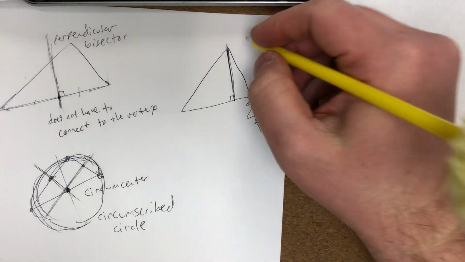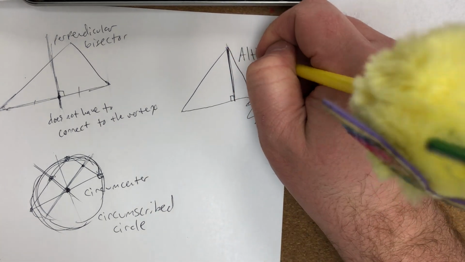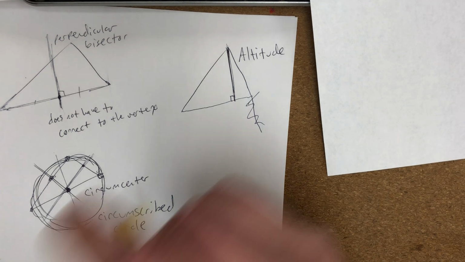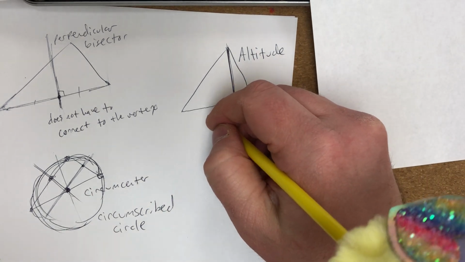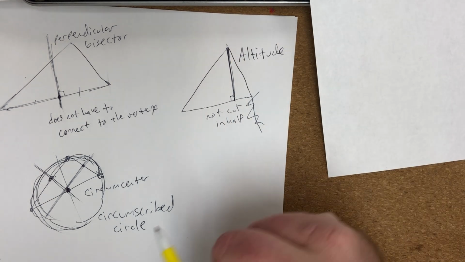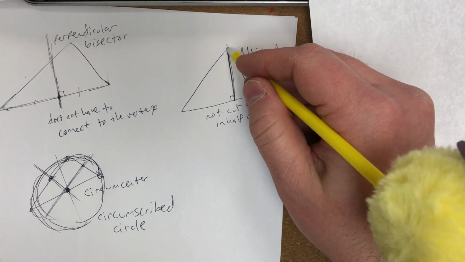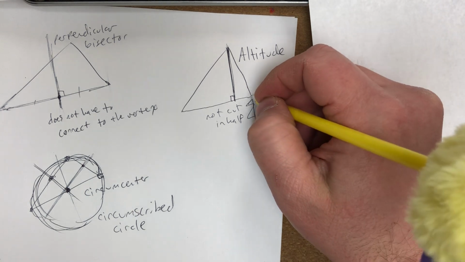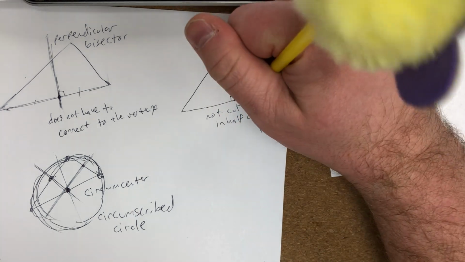So that's an altitude. It does not have to cut in half. It does have to touch the angle though. So this one, we could start it at the angle and draw down. So like I could start at this angle and draw down so it meets at a right angle.